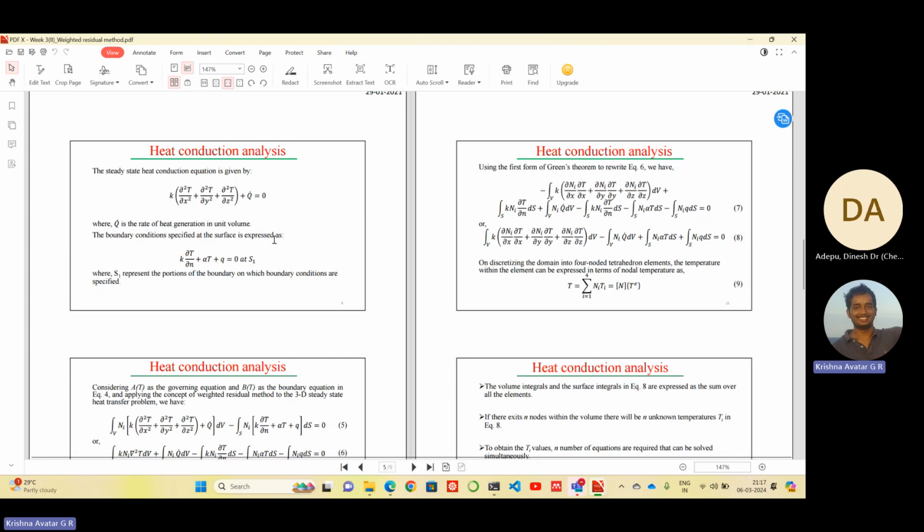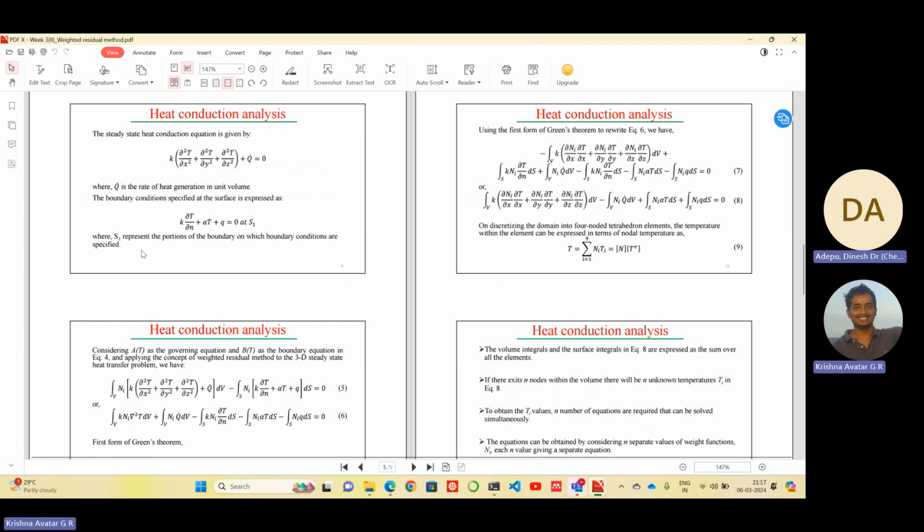We have certain boundary conditions to close the problem: kappa partial T by partial n, which is just the normal heat flux, then alpha T, if there is some temperature dependent term, and Q is the heat flow at the surface. This is the generic form for the boundary condition.